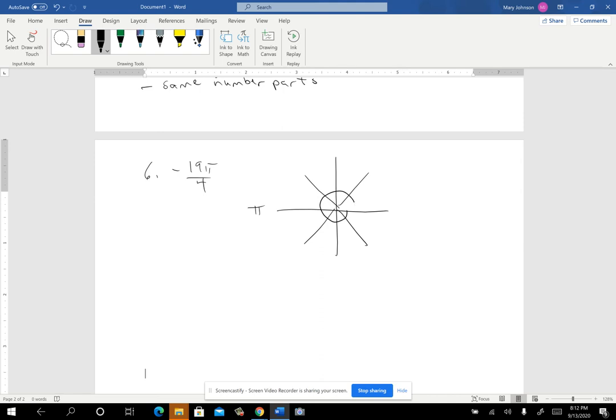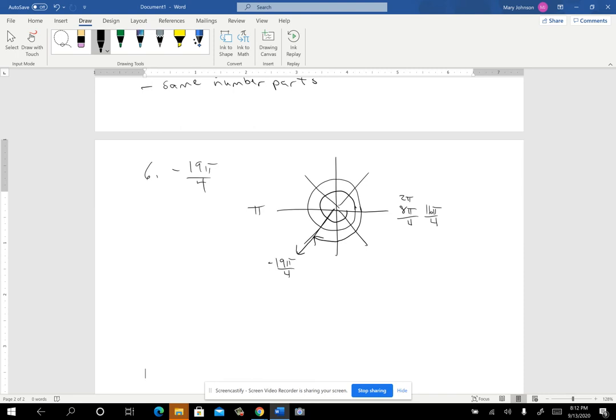So that would be 8 pi over 4, wouldn't it? 2 pi would be 8 pi over 4. Okay, so I can go around a whole other time, can't I? I'd be at 16 pi over 4, and then that would be 17, 18, 19. Okay, so right here would be where negative 19 pi over 4 would be located.